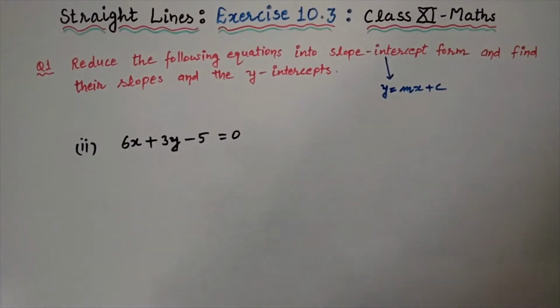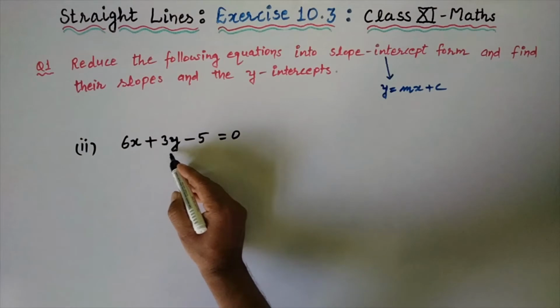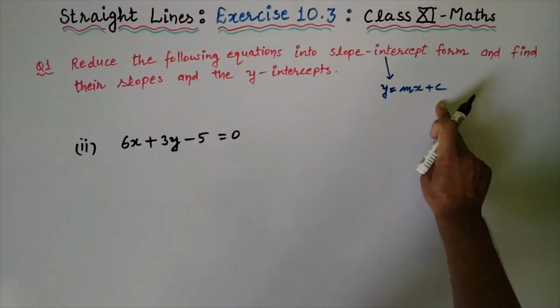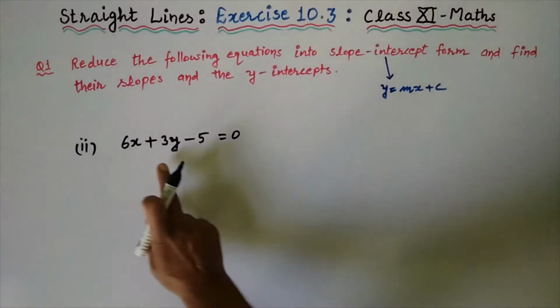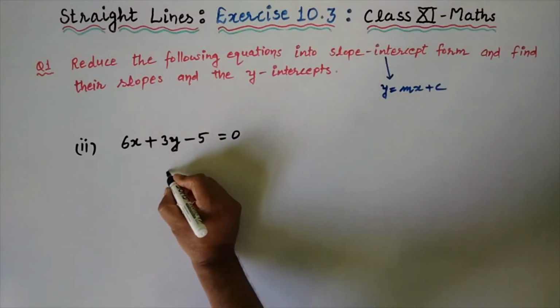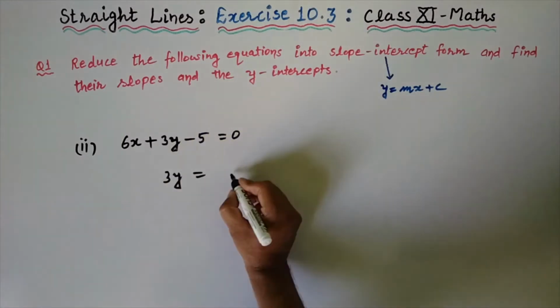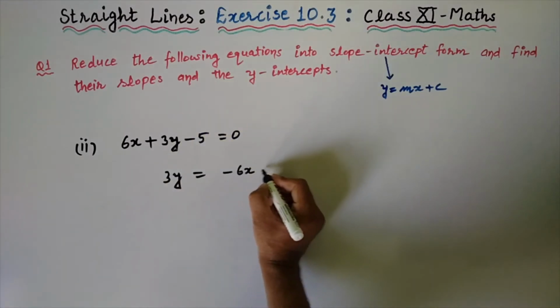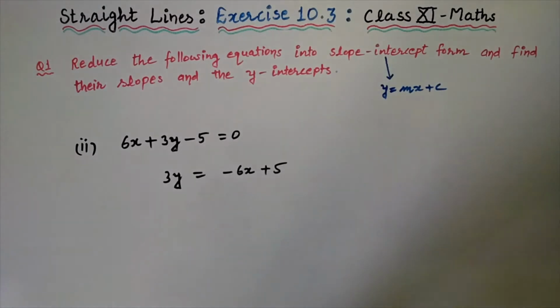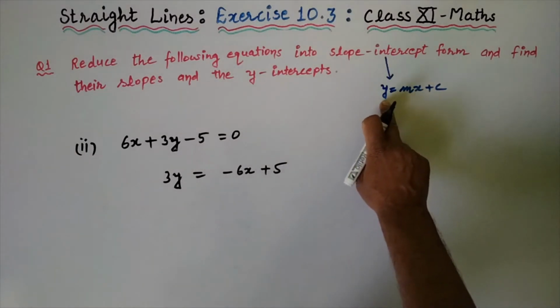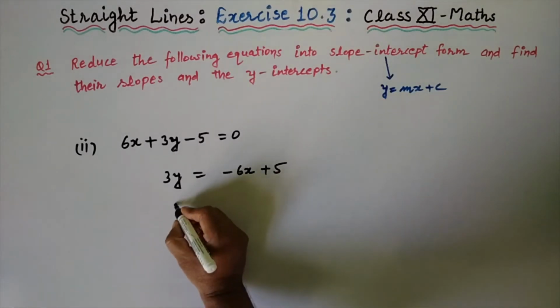Now coming to next part, 6x plus 3y minus 5 is equal to 0. So according to this equation, we need y term at the left hand side. So we write it as 3y is equal to minus 6x plus 5. Right? But we need only single y. Coefficient of y should be 1.